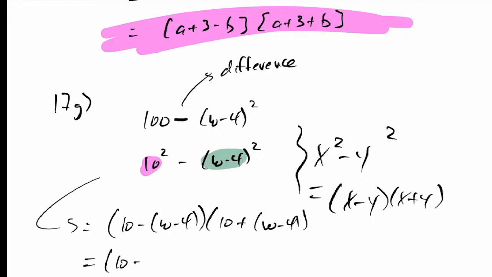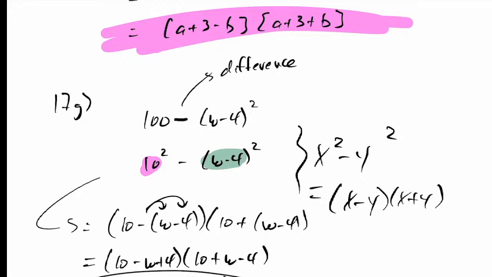So this will be 10. Now, because I remember to put the brackets around that, sure, German, 1 second. And yeah, I can do 17f. After I distribute the brackets, the negative sign, this becomes 10 minus w plus 4 times 10 plus w minus 4. And this is 14 minus w and 6 plus w.